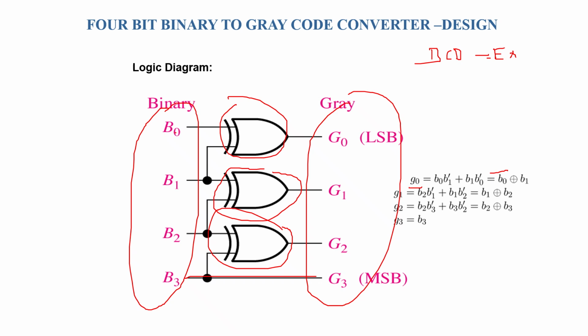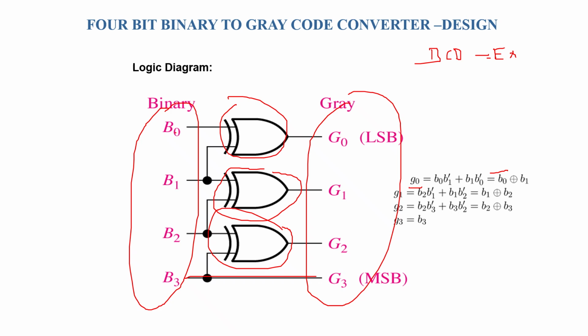Then we have other code conversions, like BCD to gray, gray to BCD, XS3 to gray code, and gray code to XS3 code conversion. These are the different forms of conversions that can be performed under code converters.